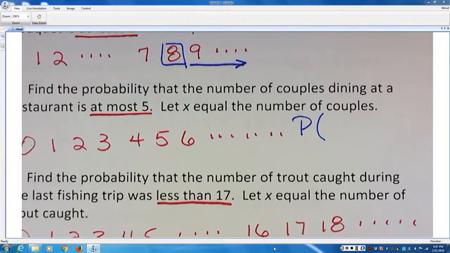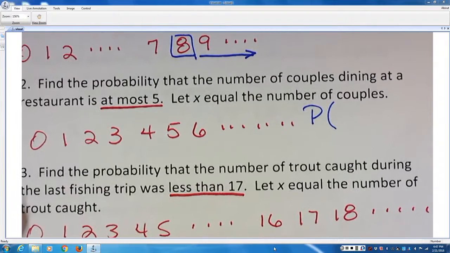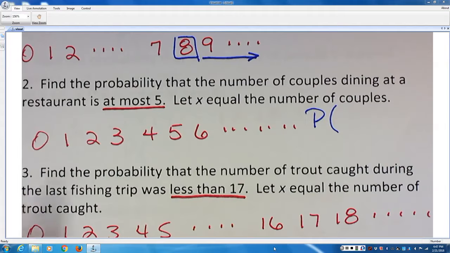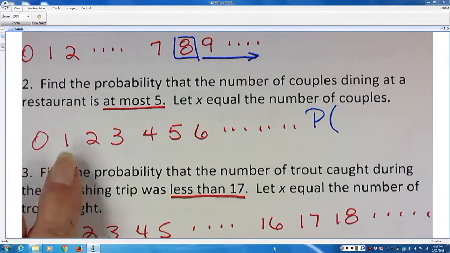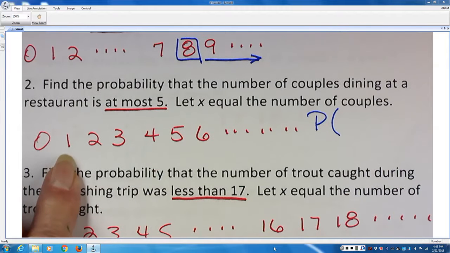The second one says to find the probability that the number of couples dining in a restaurant is at most 5. Is 5 the top or the bottom? The bottom. If you have one diner, do you have at most 5?